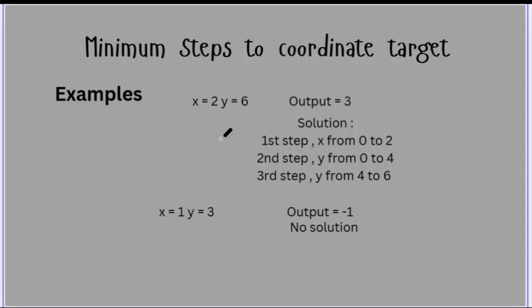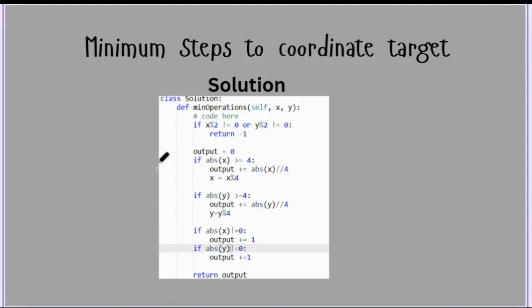So that's the approach. At the beginning we check even or odd, and then we divide by 4. The absolute function is taken because the coordinates can be negative as well. So that's the solution for the first question.